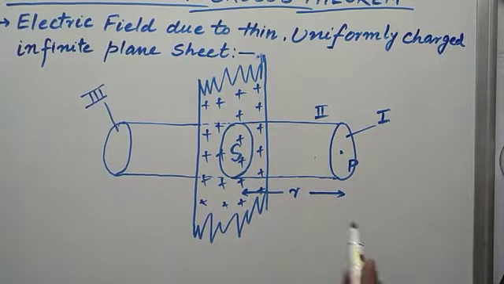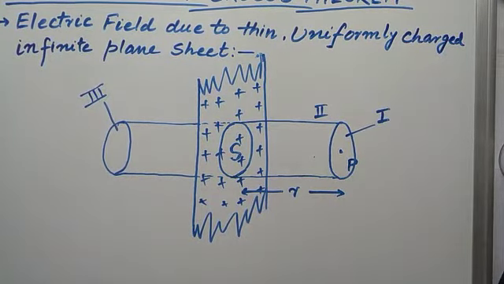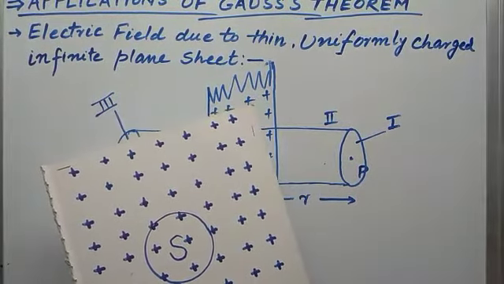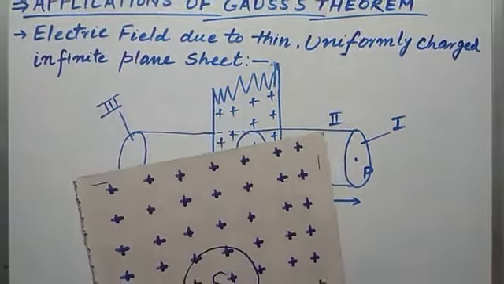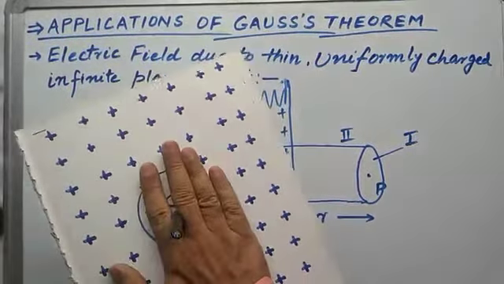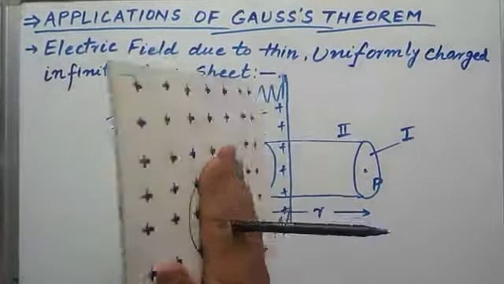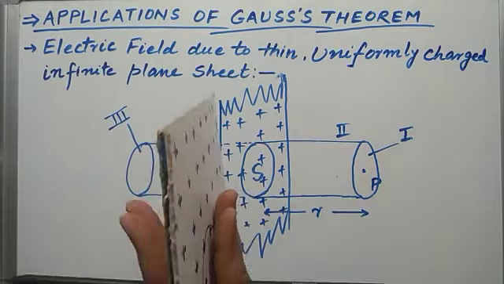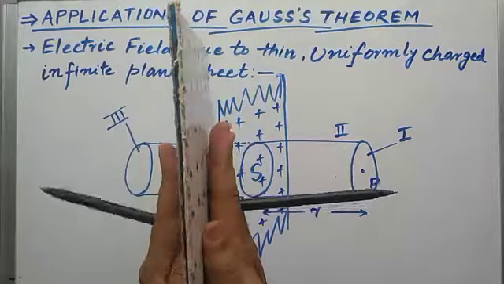Now what happens? We know that the electric field lines from a plane sheet will be normally outward like this. Electric field lines are normally outward for this sheet.